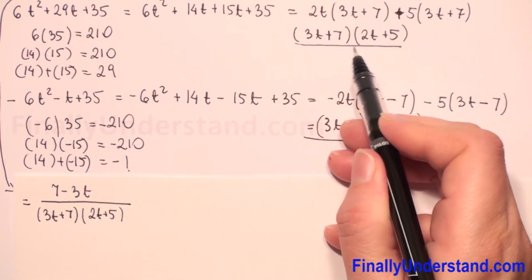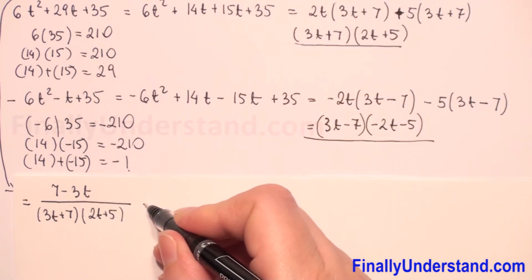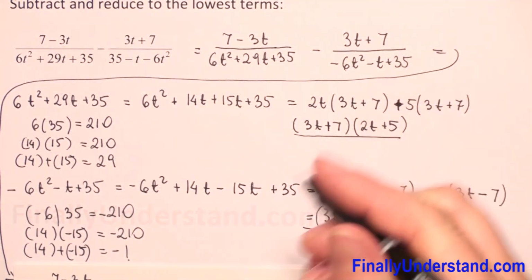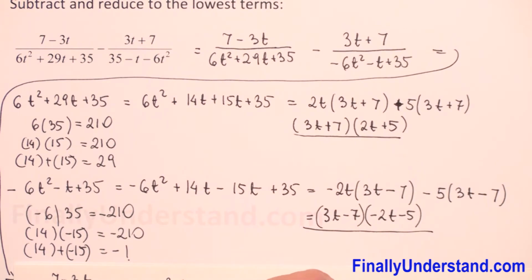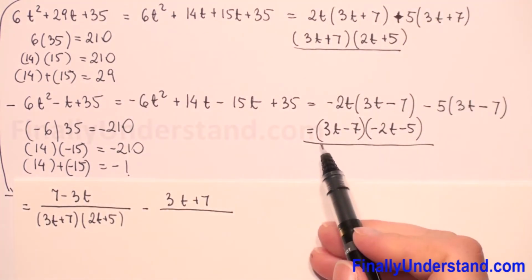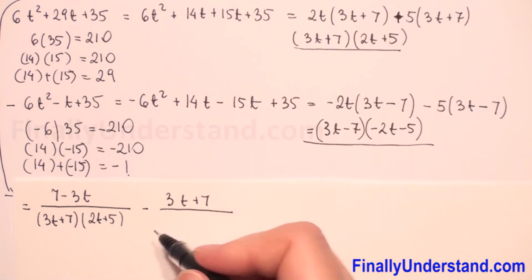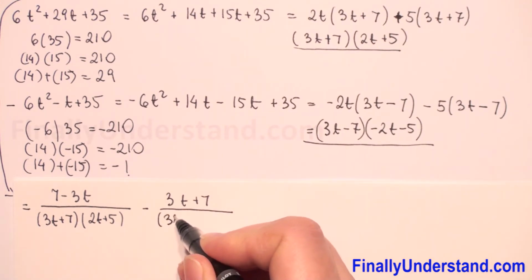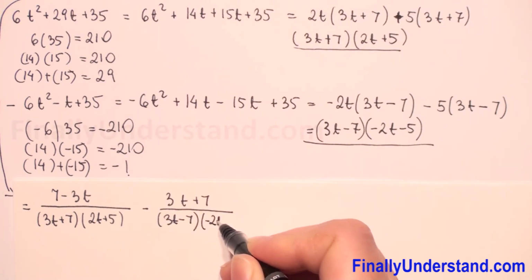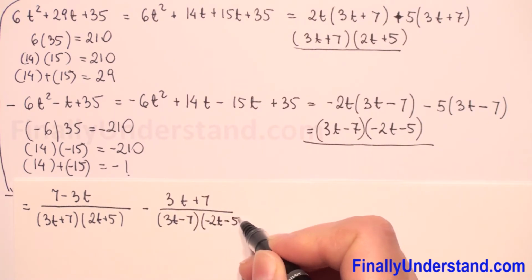This is our denominator. And we have minus. In the numerator we have to copy 3t plus 7, and our denominator now is 3t minus 7 times negative 2t minus 5.